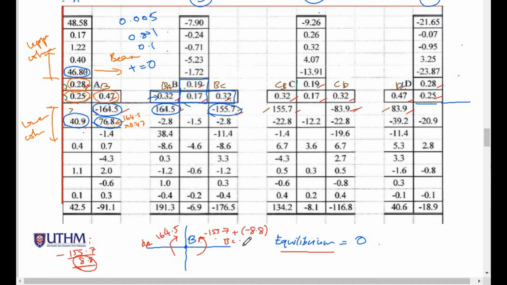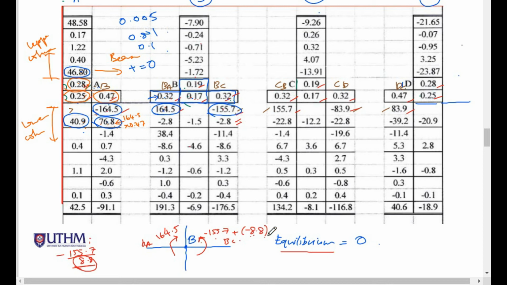Okay, 8.8. So 8.8 will be distributed to BC, to BA, to the lower column, to the upper column according to the distribution factor. Okay, so we need another 8.8 in negative sign. So 8.8 multiplied with 0.32 is equal to negative 2.8. Done?